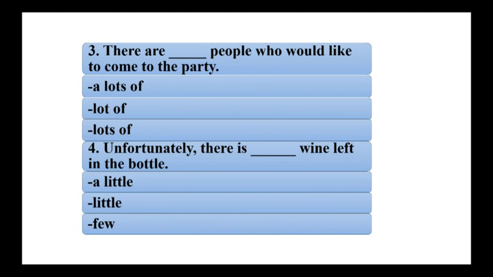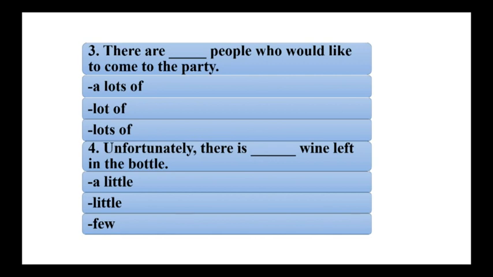There are lots of people who would like to come to the party. Potpuno se uklapa lots of, priča o tome da postoji mnogo nečega, mnogo ljudi u ovom slučaju, ide i sa brojivim i sa nebrojivim, to je korektno rešenje. Unfortunately, znači ovdje je već nešto negativno, there is a little, few, little wine left in the bottle. Ako kažem there's a little, to znači da ima dovoljno iako je malo. Ako kažemo little, to je negativno zato što nema dovoljno.